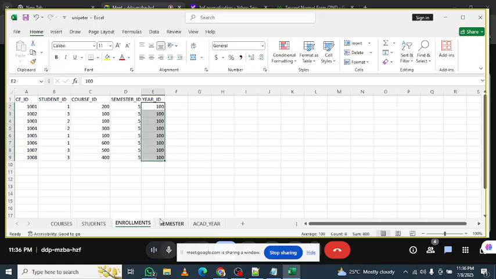That's what they enroll for. Now for semester one, year one, this course they enroll for can have a unit. Don't forget, each course has units.